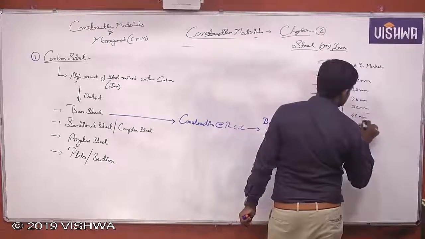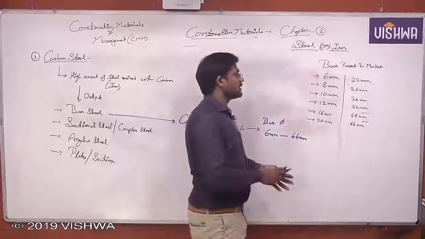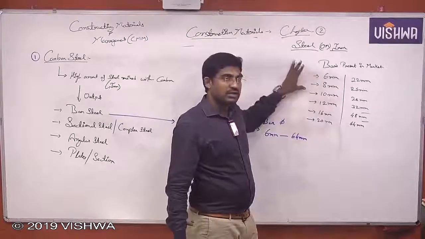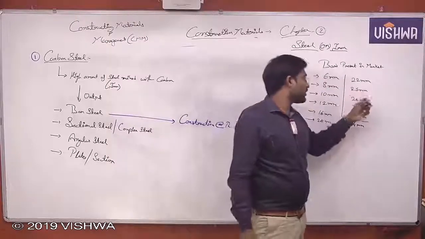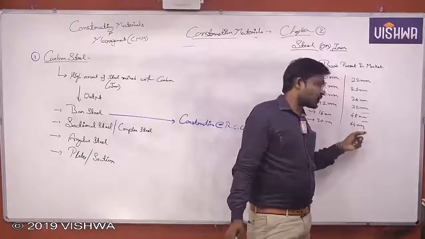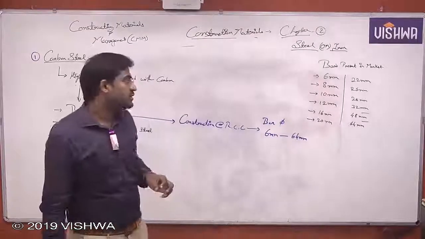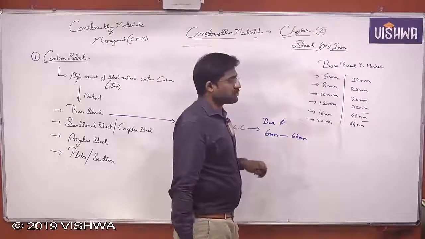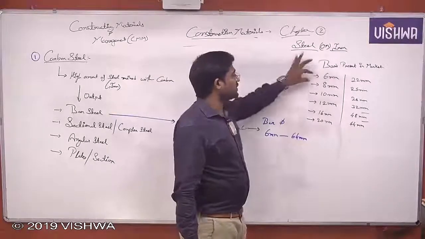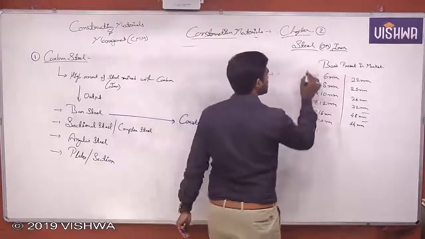So in class there are a number of bars, but in general the market has 6 mm bars, 8 mm bars, 10 mm bars, similarly 12, 16, 20, 22, 25, 28, 32, 48 and 64. These are the general bars available in the market, but usually in construction practice, the 6 mm bar plays a major role as mild steel or stirrup bar.